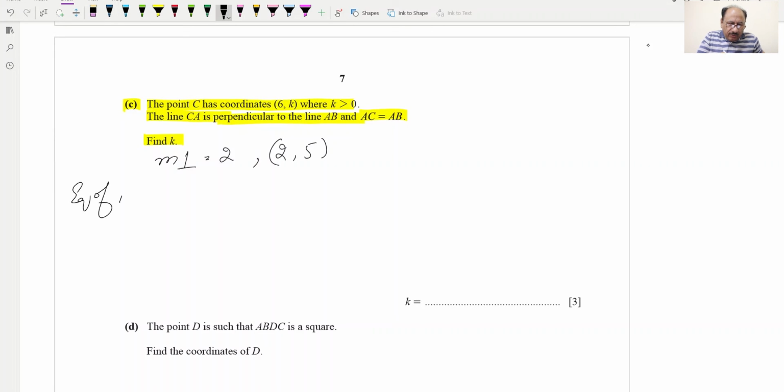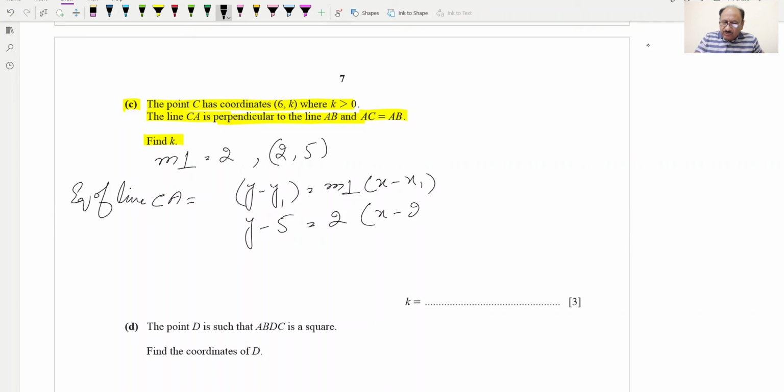The equation of line CA will be found with the same formula which we used earlier, y minus y1 is equal to m of the perpendicular into x minus x1. So y minus 5 is equal to m, the gradient, which is 2, into x minus 2, the x value we have taken.